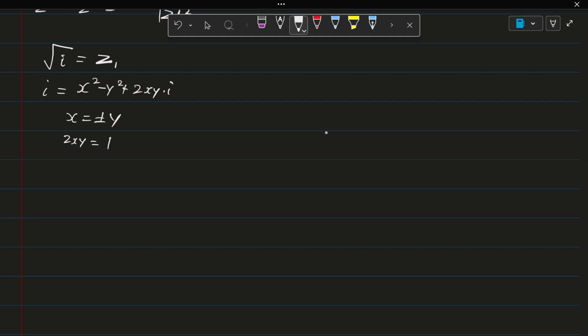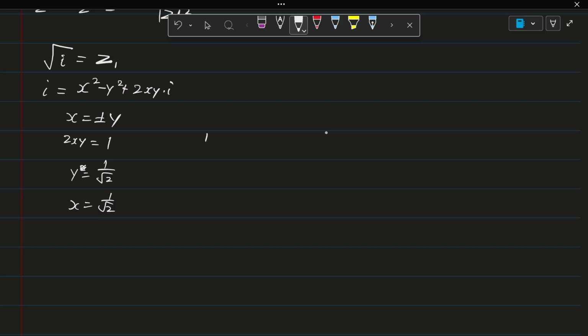Substituting it in, we could obtain y squared equals 1 over 2, sorry, the y should be 1 over the square root of 2. And this means that you could also solve for x, which is 1 over square root of 2 as well.